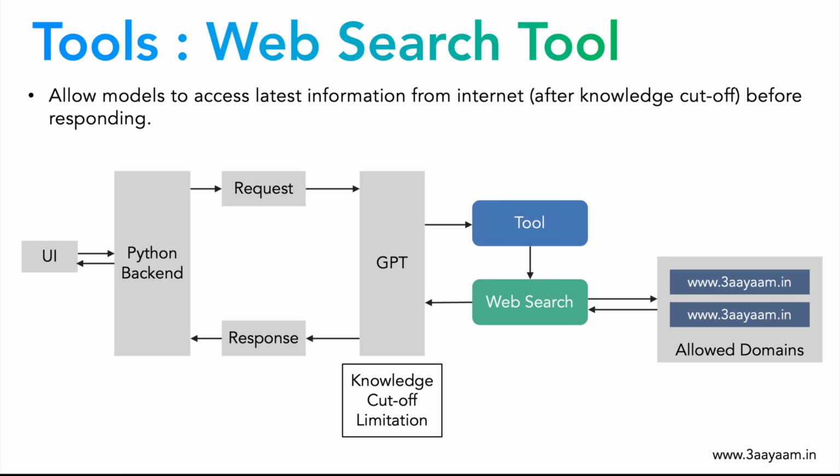You can imagine if the number of websites is high and the result set is high, then the vector embedding would take a fair amount of time. So that's why it is not a good idea to use web search instead of the model. That's why the model providers keep on training their models with the latest data. But if you want information beyond the knowledge cutoff limitation, then you can use web search.